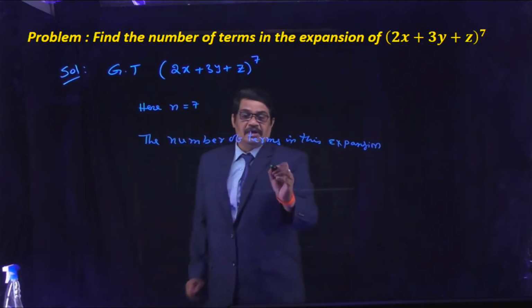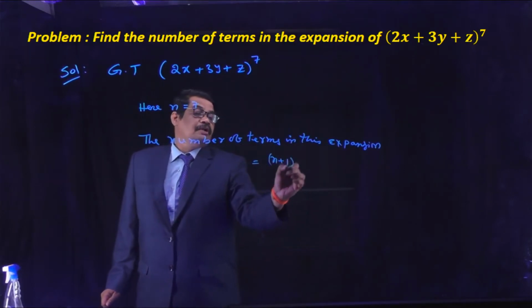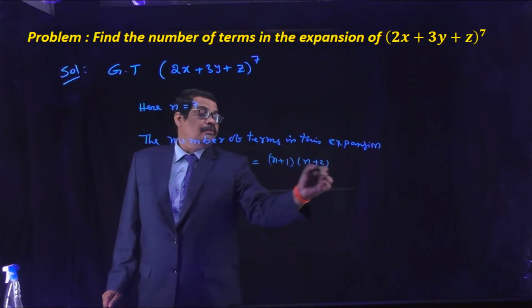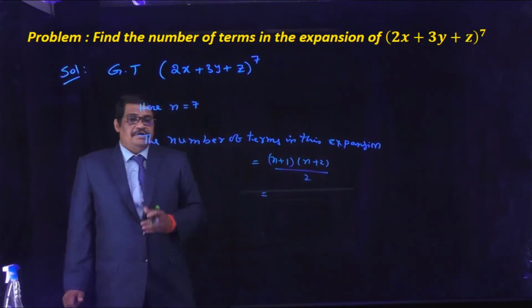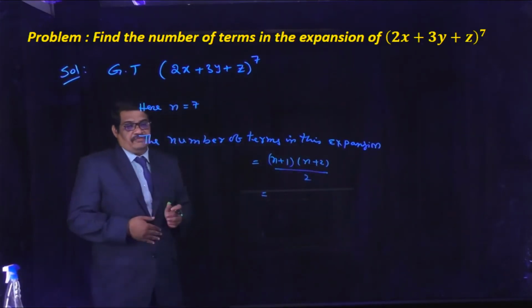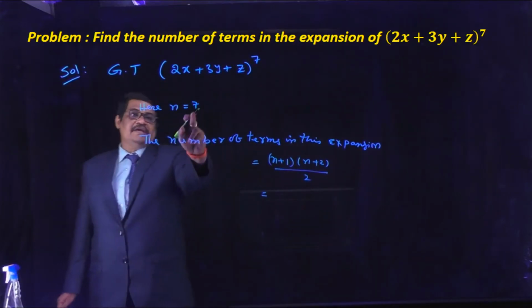What is the formula? (n + 1)(n + 2)/2. Here n is 7, so it is (7 + 1)(7 + 2)/2.